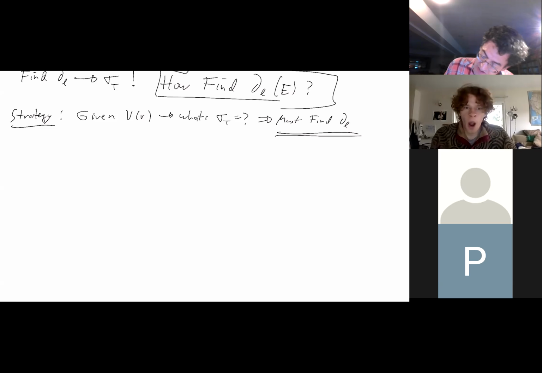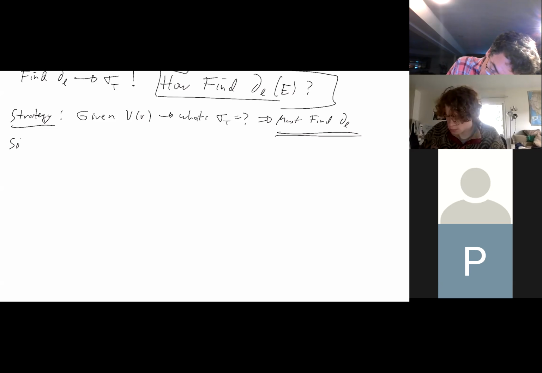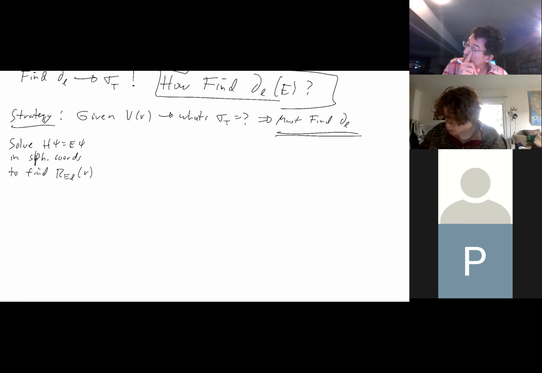To find the phase shifts, what you do is you solve Schrodinger's equation, H psi equals E psi, in spherical coordinates to find the radial component of the wave function.